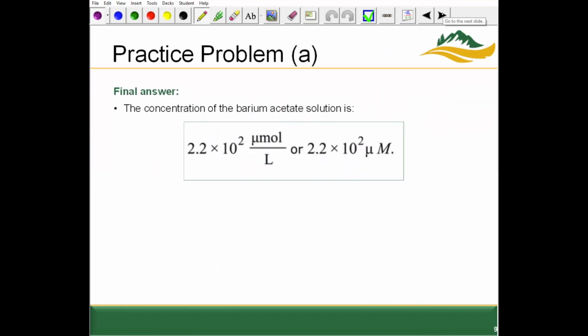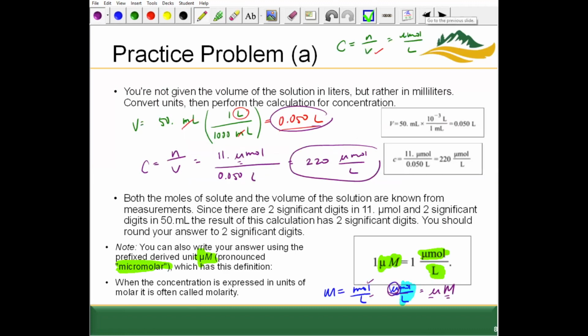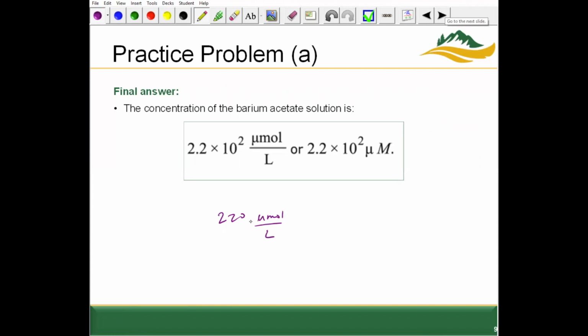So to connect that here, we did calculate 220 micromoles per liter. To get this into scientific notation, we want just 2 sig figs. Technically, if we put the decimal point here, that's 3 sig figs, right? So we just want 2 sig figs.